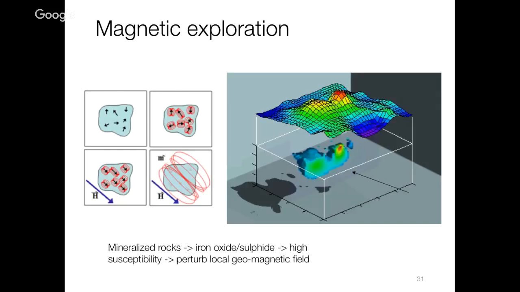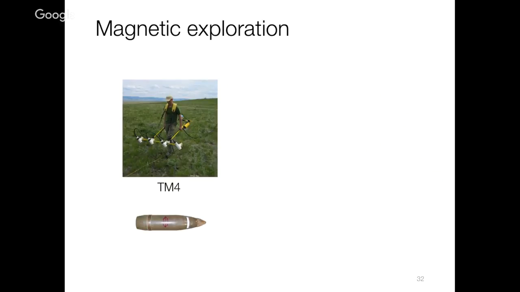Then you plot those up as an isosurface, so you have a threshold, so that everything with lower susceptibility than some particular value is transparent. Now you start to see the shape of a body that looks like this, and this is indicating where that susceptibility is. And actually, in this case, the mineralized body is sitting up.